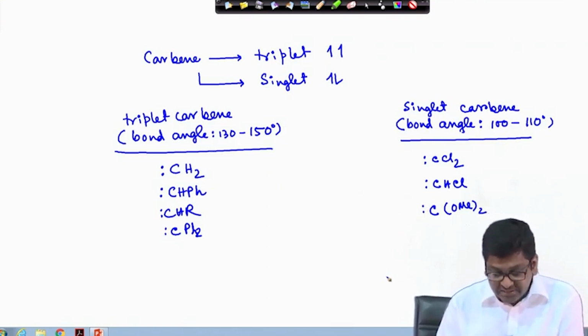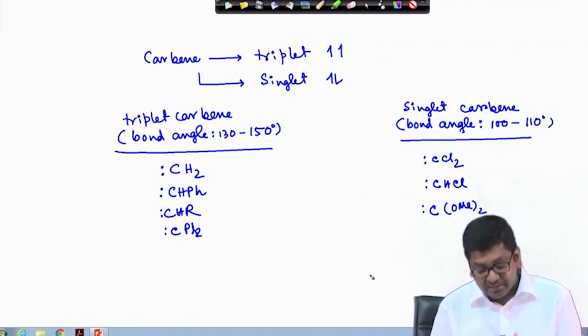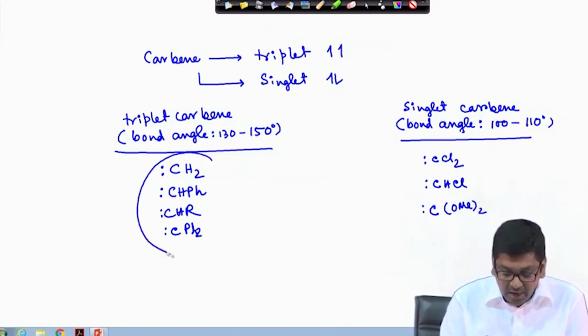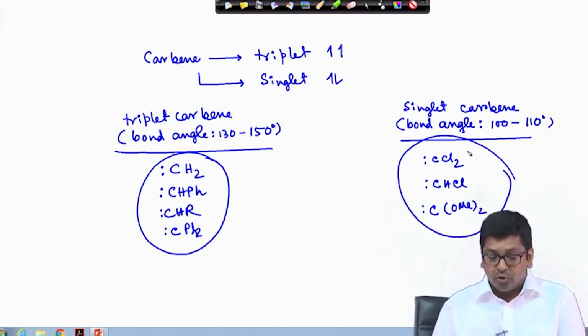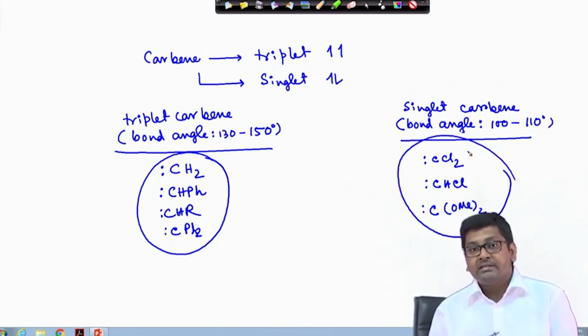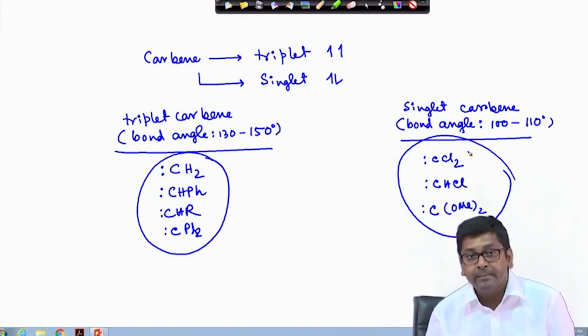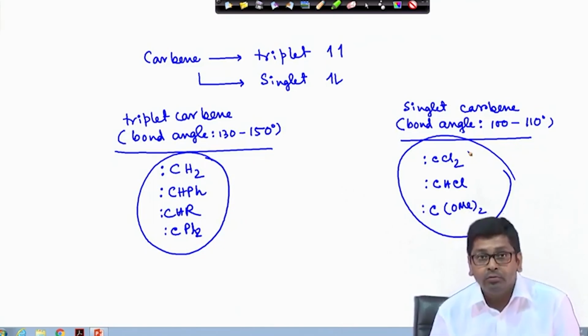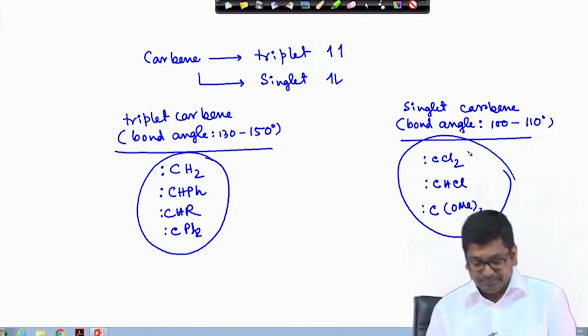Now, the next question is why these are triplet carbenes and why those are singlet carbenes. Even though all these carbenes can be stated as triplet or singlet, why do some of these carbenes prefer to be triplet and some prefer to be singlet?